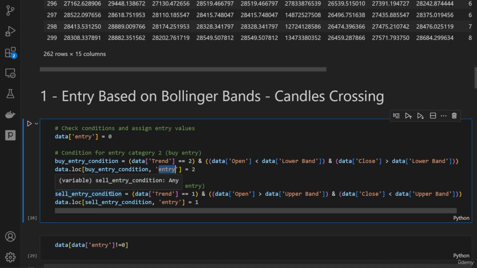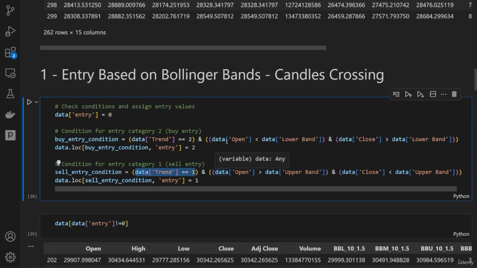We can generate sell entry conditions, selling entries or short signals. For this, we need to be in a downtrend, and at the same time we need a candle that crossed the upper band from top to bottom, so it opened above the upper band and closed below the upper band. In this case, we generate a signal which is equal to 1. So this is a short position signal.